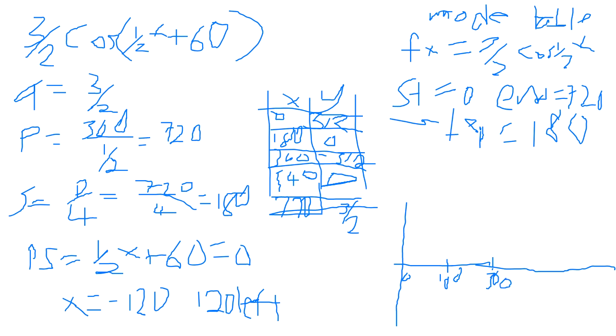Our next point is 540. Then our next point is 720. Then we know that our amplitude is 3/2 and -3/2.